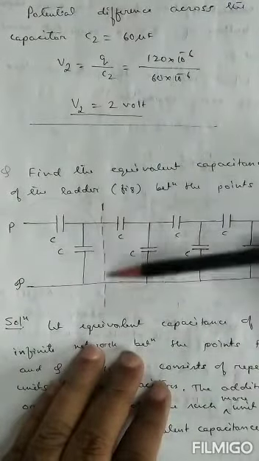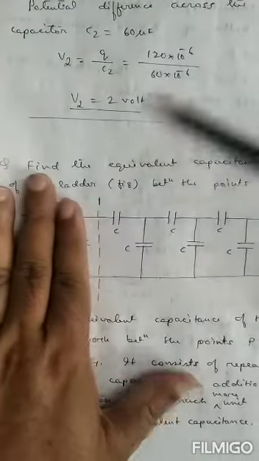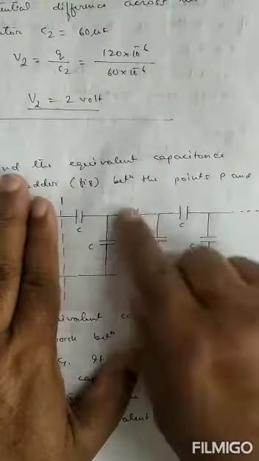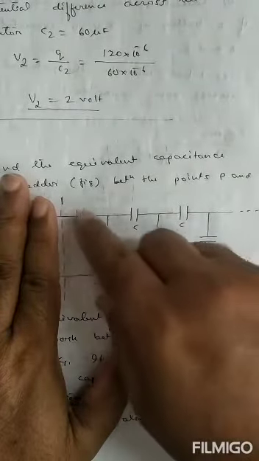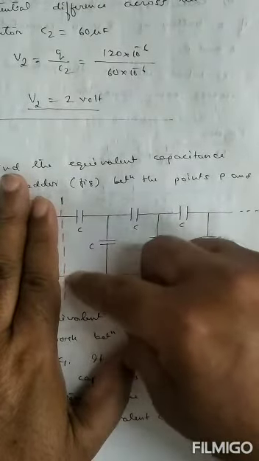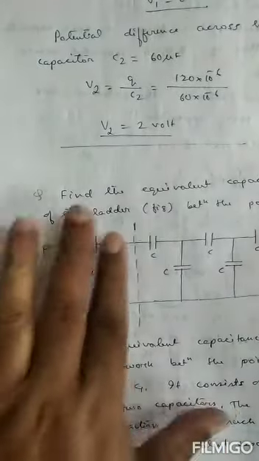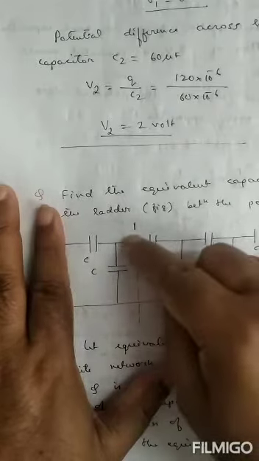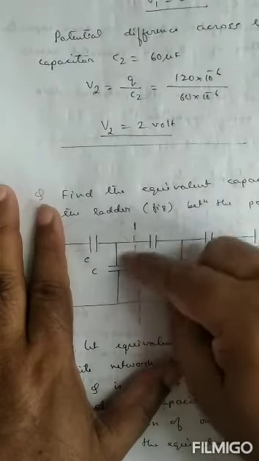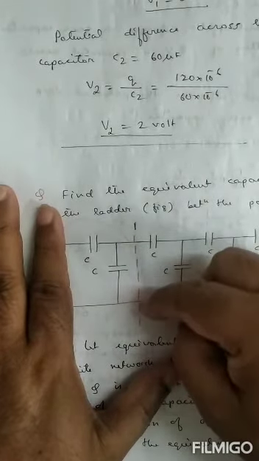Now, I cut here and remove this part. Then also we will get the identical circuit. Therefore, the equivalent capacitance remains unchanged. Here the capacitance between P and Q is C1. So if I cut this part, then also the equivalent capacitance between these two points is C1.